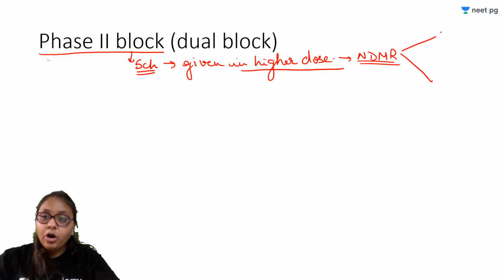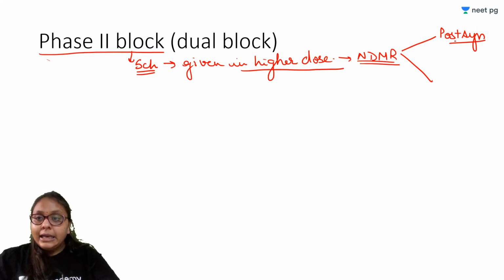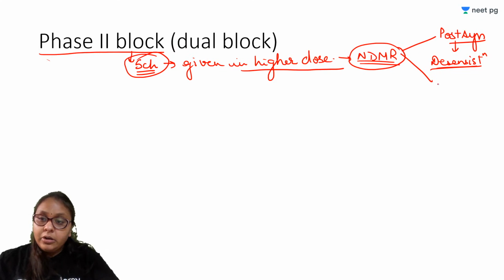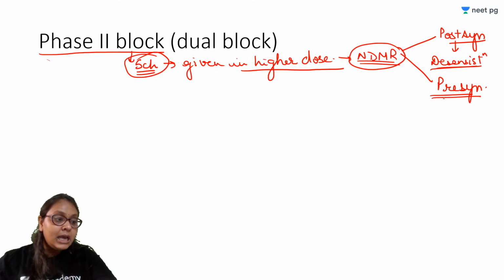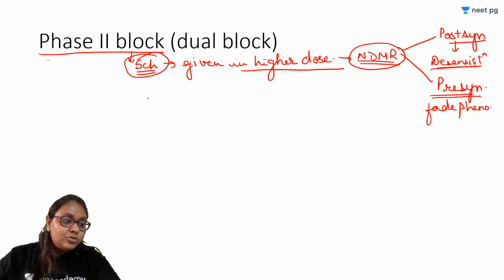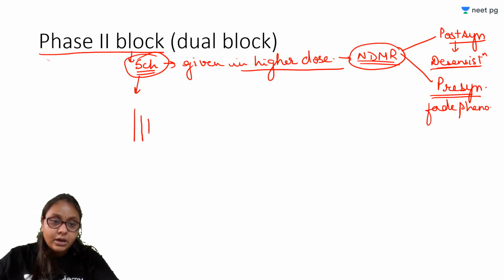They were acting on the postsynaptic receptors, and here they were causing desensitization, right? Plus, now as it is acting like an NDMR, it will also act on the presynaptic autostimulatory receptors, and therefore we see the fade phenomenon. So in phase 2 blockade, even if it is succinylcholine, we see the fade phenomenon.